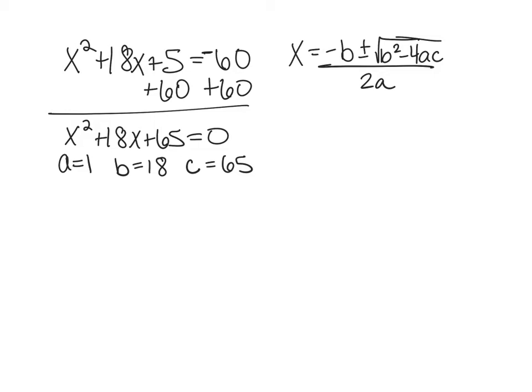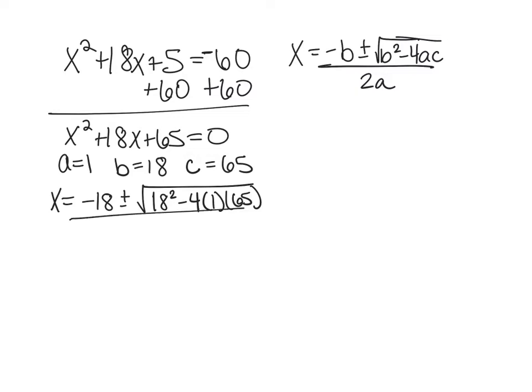So let's plug in what we know. x equals negative 18 plus or minus the square root of b squared, so 18 squared, minus 4 times 1 times 65, all over 2 times 1.